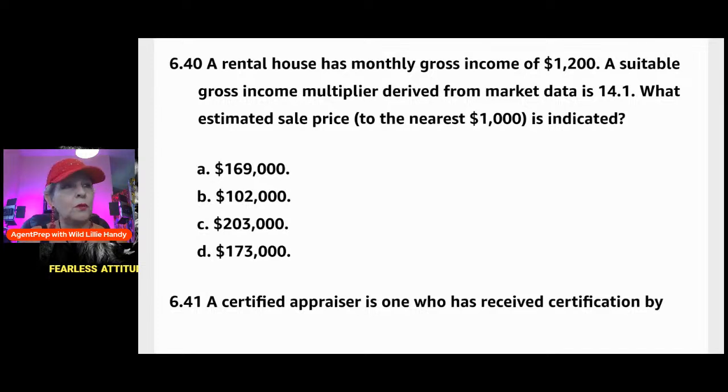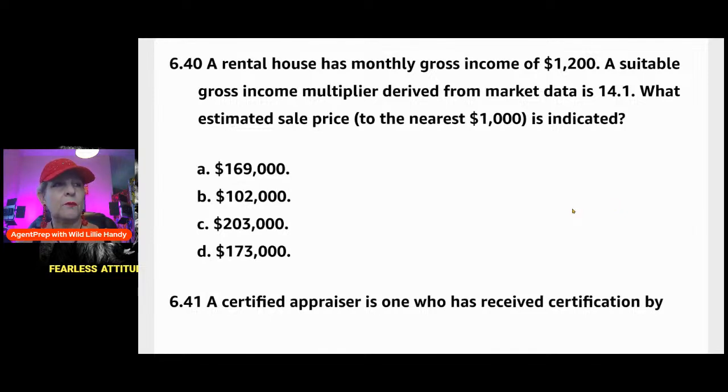So on this one, we'll multiply the monthly gross income, 1,200, by 12. So that'll equal 14,400. Then this times 14.1, because in the other problem we had the purchase price divided by the cap rate.